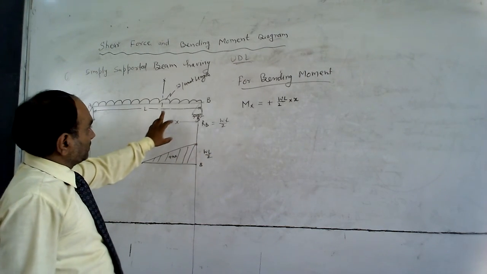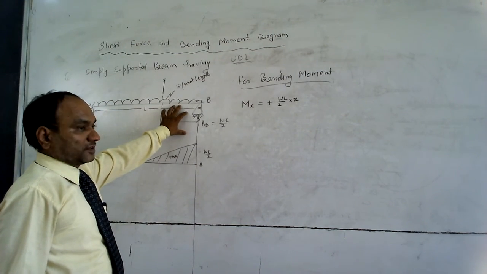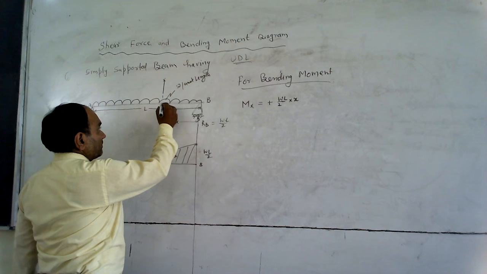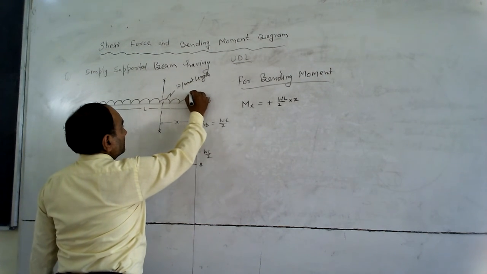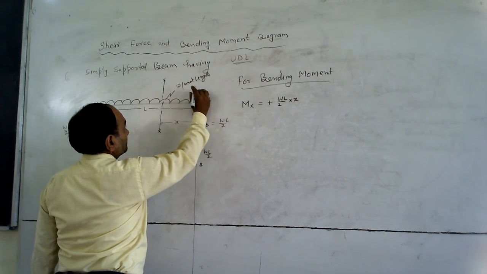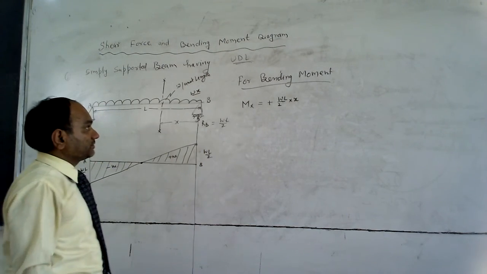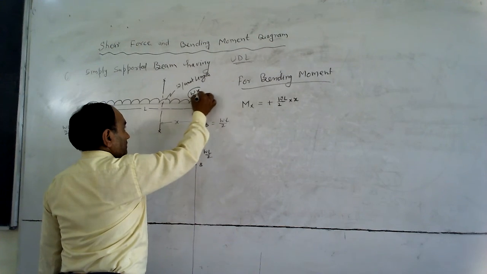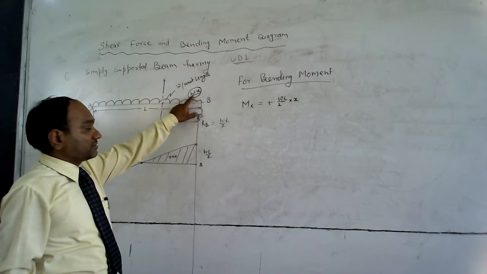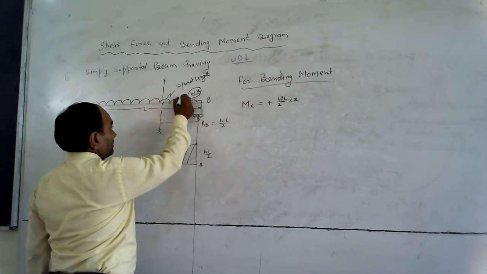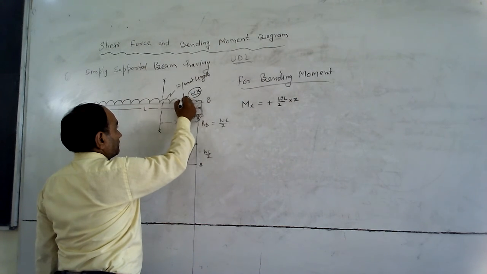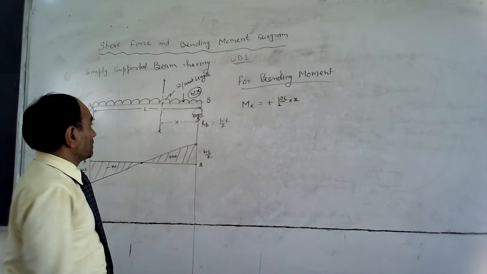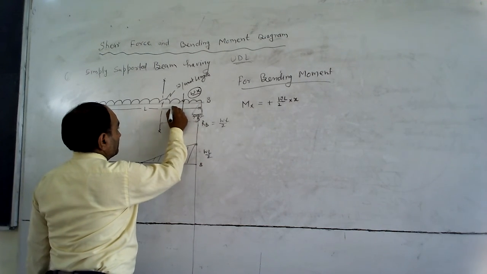Now I have to find the moment due to the UDL. The total weight of this UDL is w into x, and the center of gravity of this load will be at the midpoint between x and B. So this distance will be x by 2.